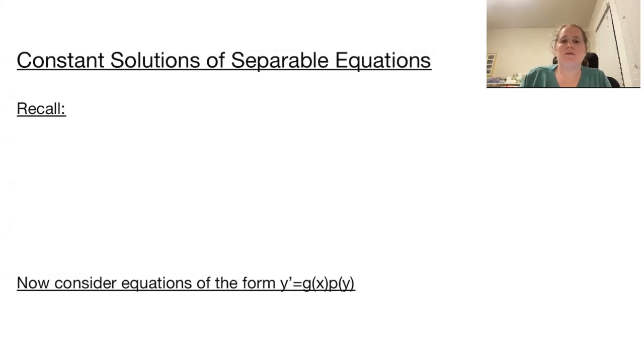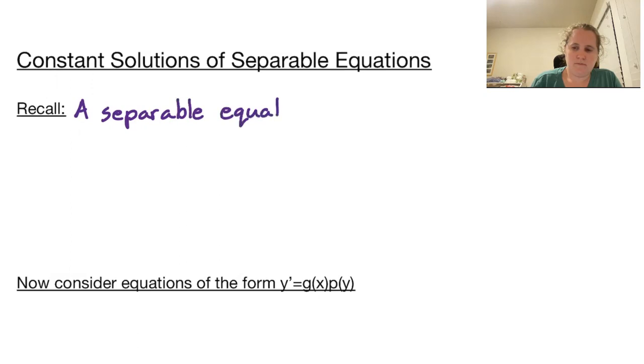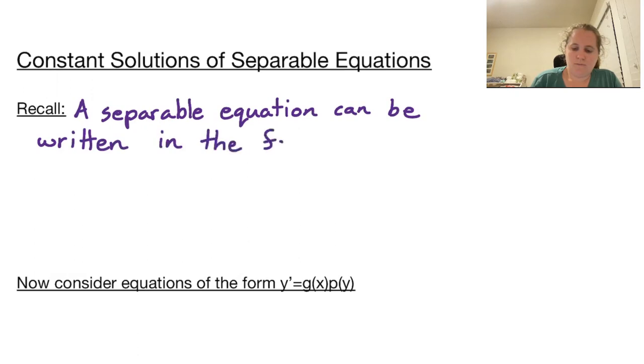Welcome to constant solutions of separable equations. So recall a separable equation can be written in the form h of y times y prime is equal to f of x.